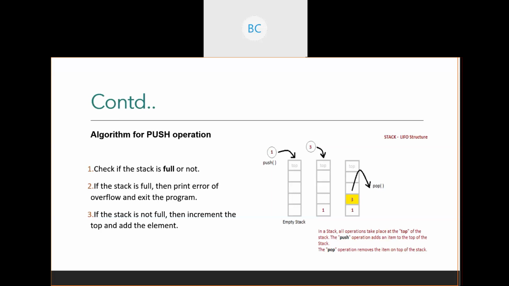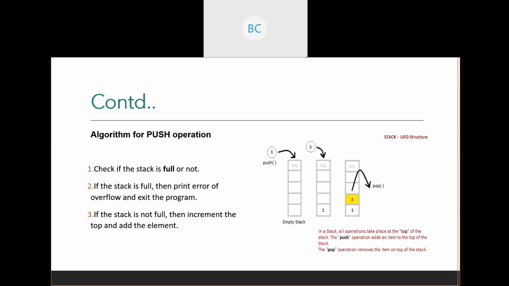So for stack operations, we keep one pointer, not exactly a pointer, yeah, you can say pointer also. It's just an element, top. This top will specify the topmost element in your stack.